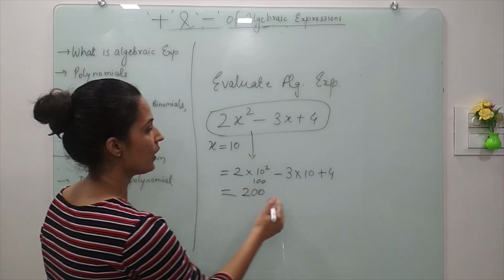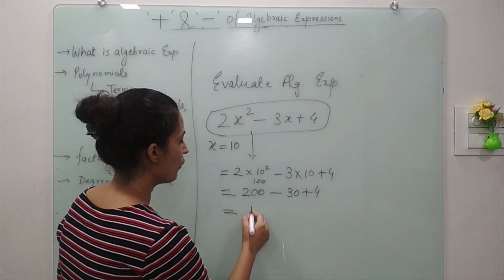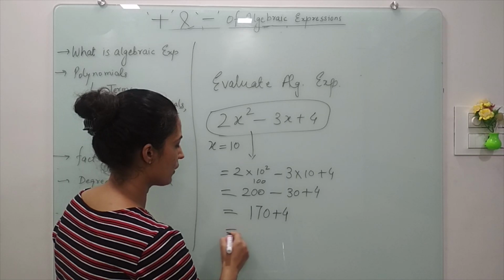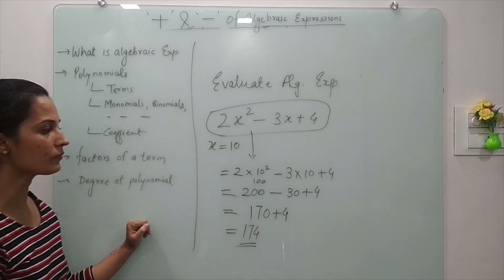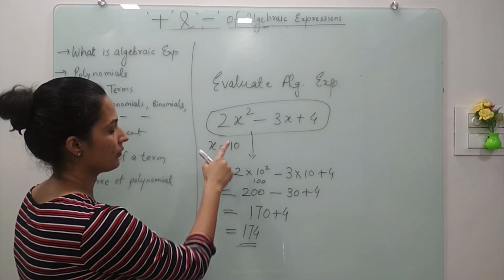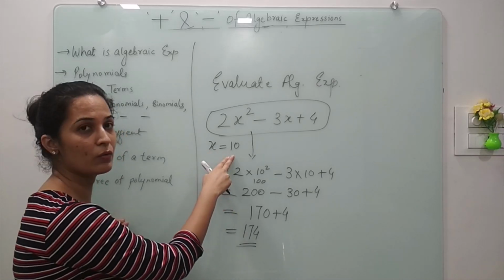So this is 200 minus 30 plus 4, which is 170 plus 4. This is equal to 174. So the answer here is 174 when the value of x is equal to 10.